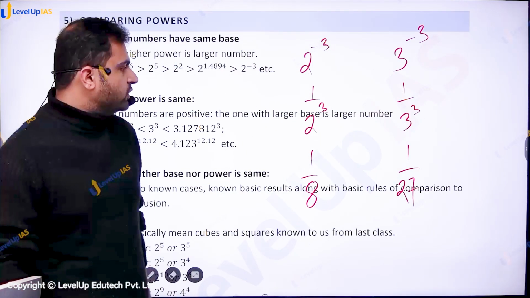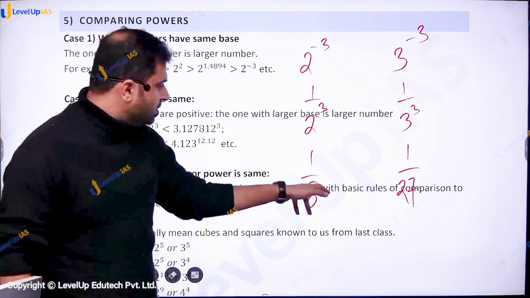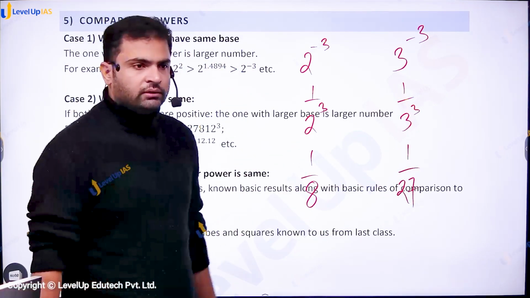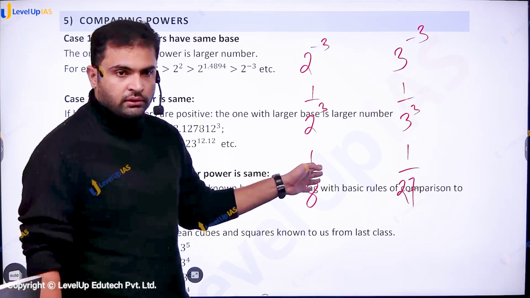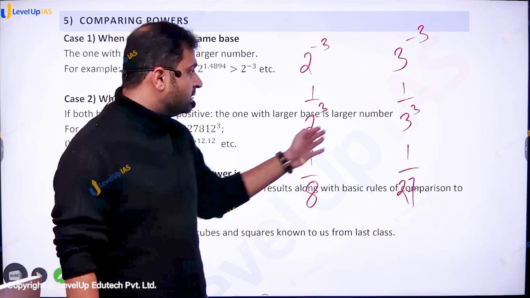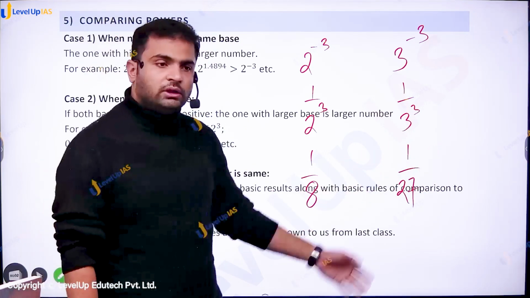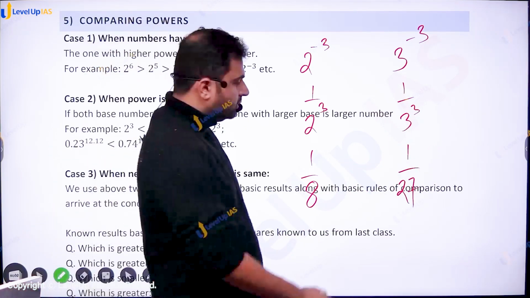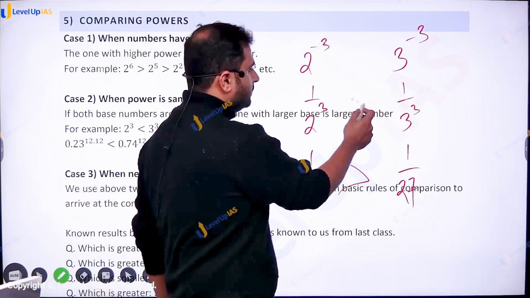Now which is bigger, which is smaller? You know how to compare fractions? Cross multiplication. This is 8, this is 1, this is 27. So clearly this is bigger. Or you can also say that since the numerator is the same, the higher the denominator, the smaller the number. This is the comparison.